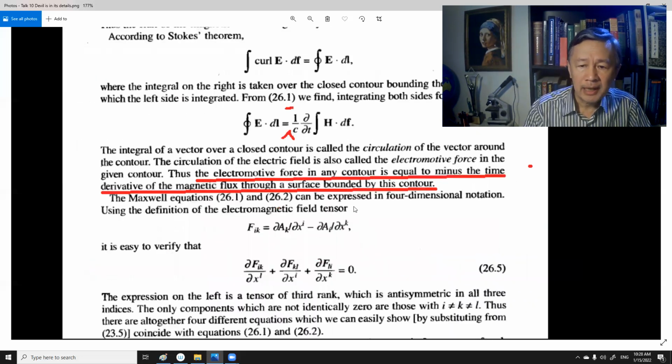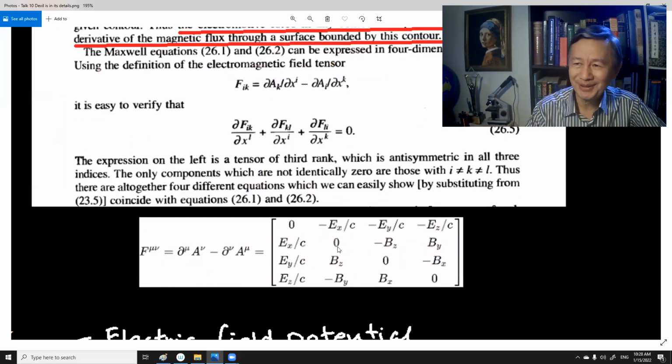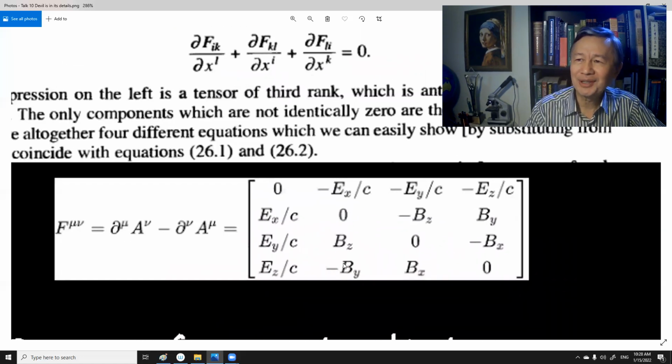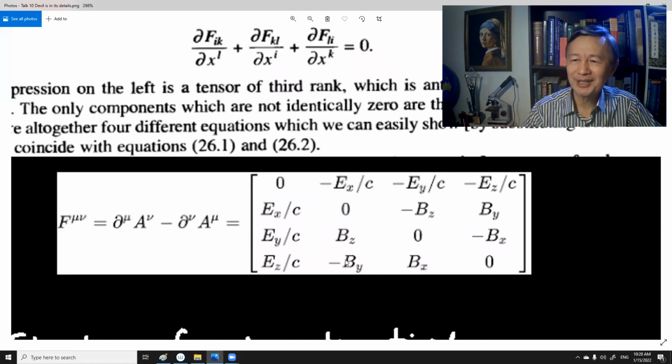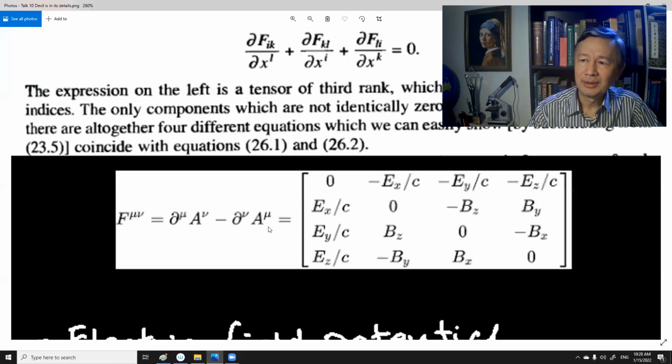Now, perhaps the more elegant form is this. If we use four-dimensional notation, the electromagnetic field can be simply described by these simple tensors. F for field, and these variables have four dimensions.